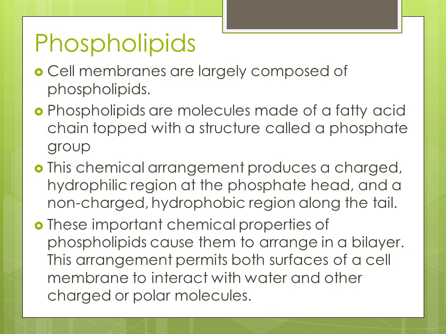Hydro, water, phobia, pushes water away or doesn't like water. These important chemical properties of phospholipids cause them to arrange in a bilayer. And bi means two, like bicycle, bilayer. This arrangement permits both surfaces of a cell membrane to interact with water and other charged or polar molecules.